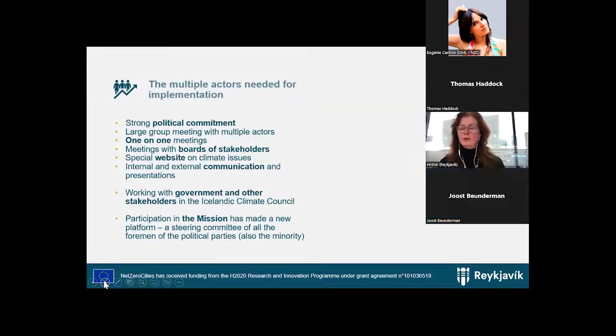I'm sorry I cannot take examples because this is maybe on a more personal note, but that was maybe most effective on the path towards carbon neutrality and changing large parts of the emissions of the city. So I recommend one-on-one meetings, answer them quickly, and be ready to do that. We did not do as many meetings with the boards of stakeholders.